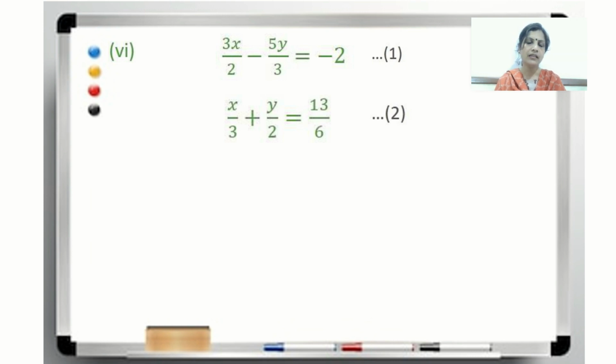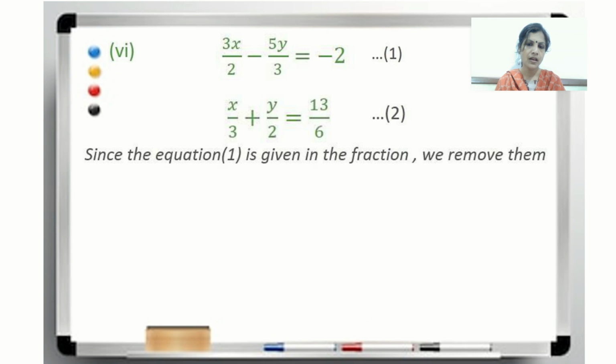Always keep in mind that when you are given a pair of linear equations in fractions, your first step will always be to remove the denominator from the equation. So how do we do that? Look at equation 1. We can do it by taking the LCM, or we can do it by cross multiplication. So in equation number 1, 3 into 3x, we are solving it by cross multiplication.